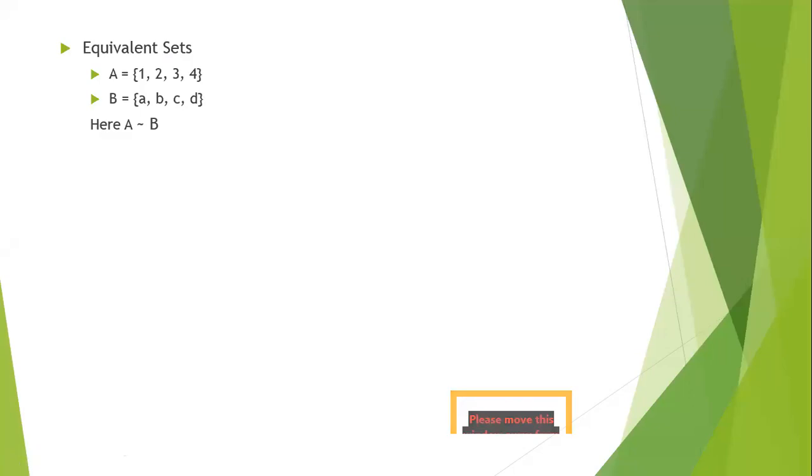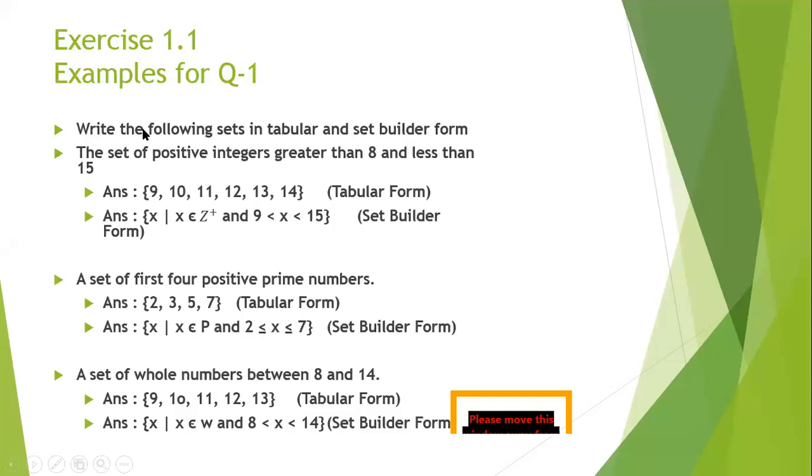Also the elements are different, members are different, but there are the same number. 4 elements are there in set A and 4 elements in set B. So here A is the equivalent set of B, just because the A set and the B set have the same number of elements.